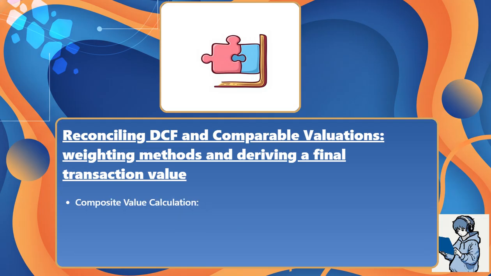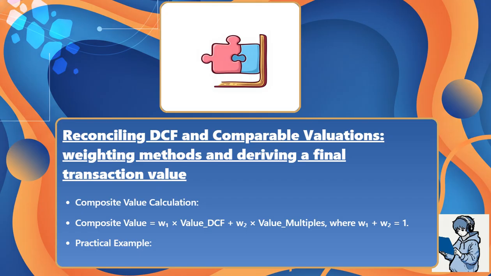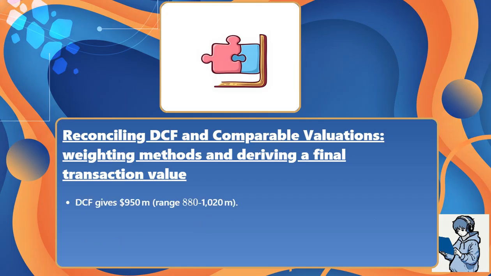Composite value calculation: Composite value equals W1 times value DCF plus W2 times value multiples, where W1 plus W2 equals 1. Practical example: DCF gives $950 million, range $880 million to $1,020 million.